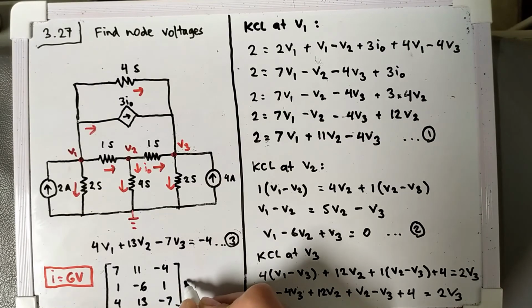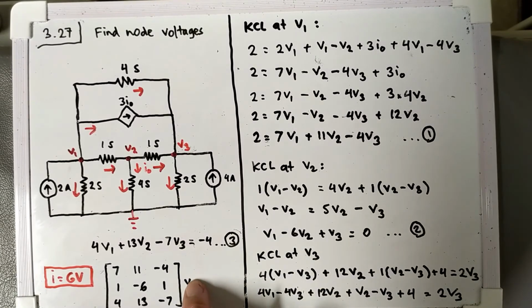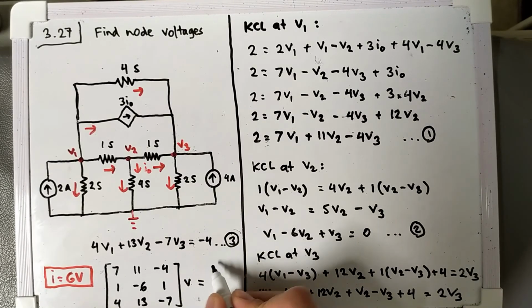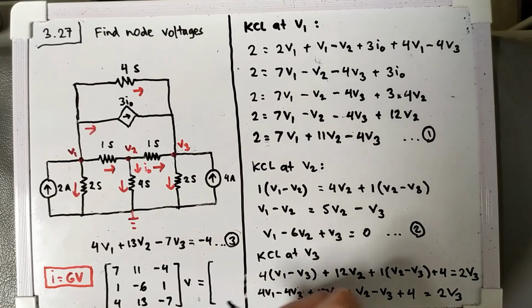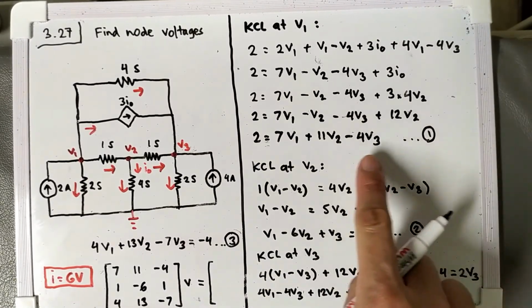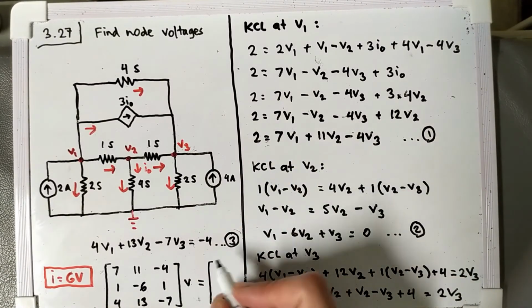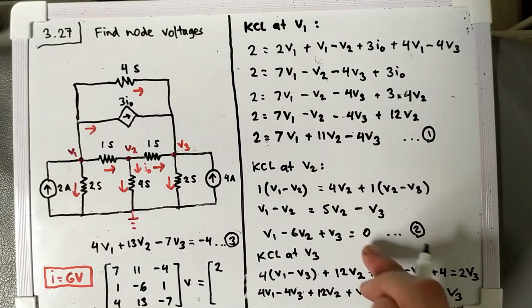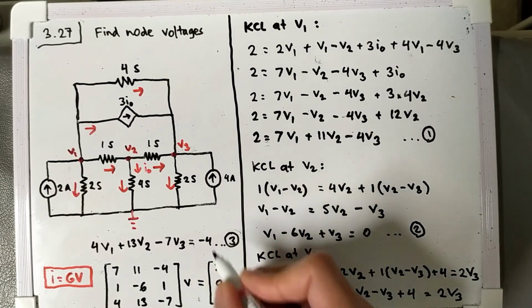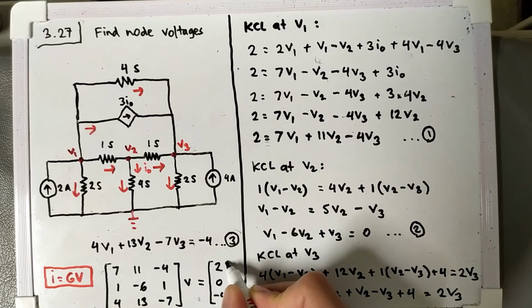This is multiplied by matrix V, and it equals, for the result, 2, 0, and minus 4.